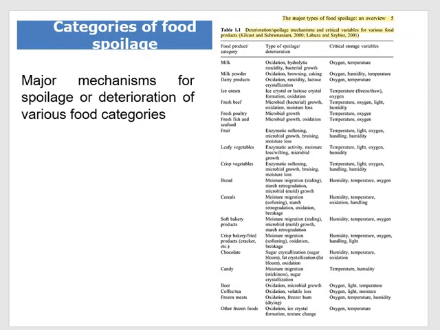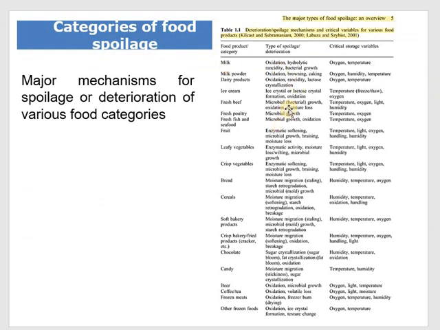Okay. So just to wrap up the categories of spoilage, this is a table showing the major types of food spoilage, like we already mentioned: physical, chemical, and microbial. It talks about the major mechanism for different types of food products. An example, milk.